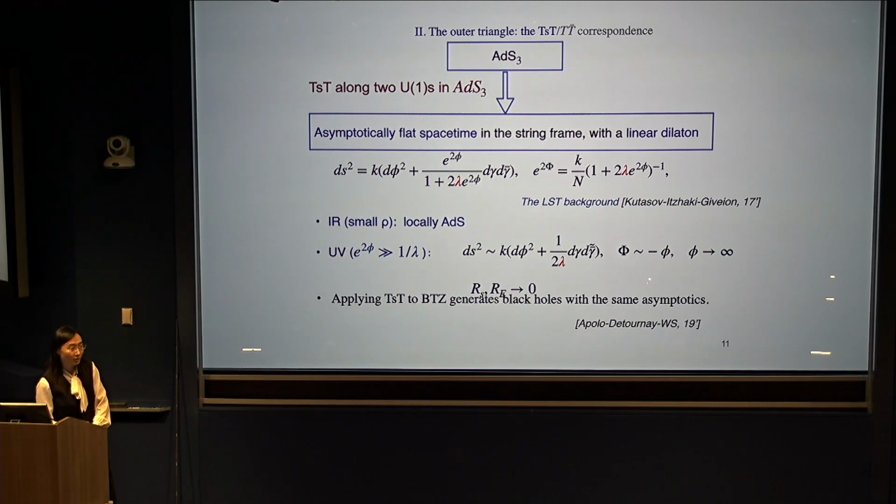Sorry, can you comment on the asymptotic structure, on the Penrose diagram of this spacetime, and what's the difference with flat space? The Penrose diagram, yeah. Similarities and differences here.